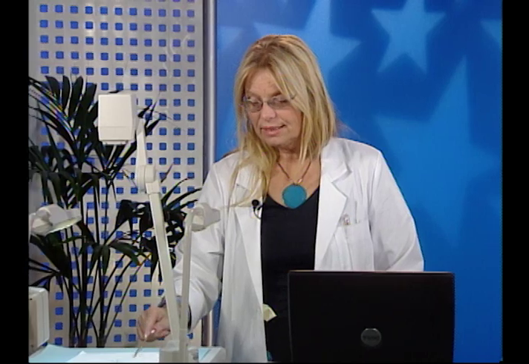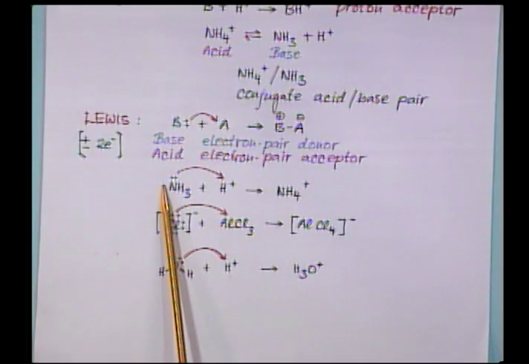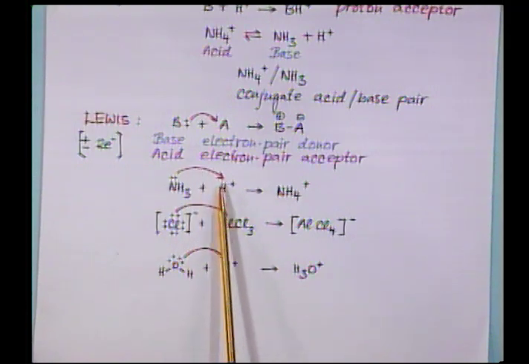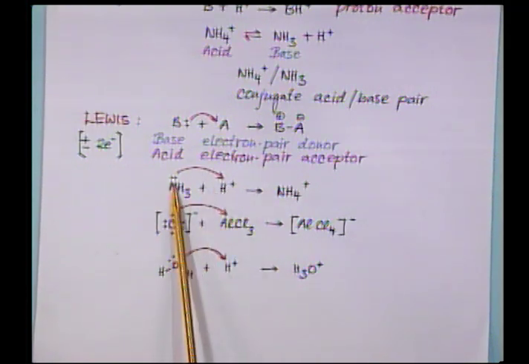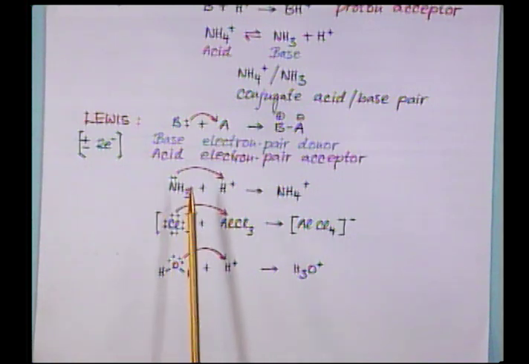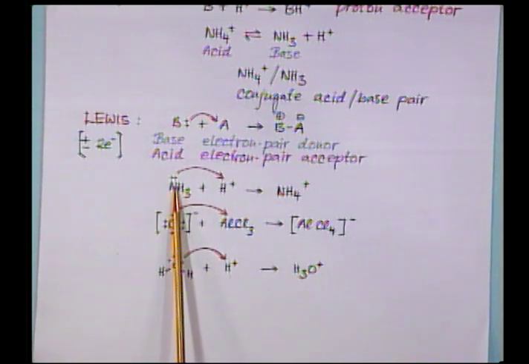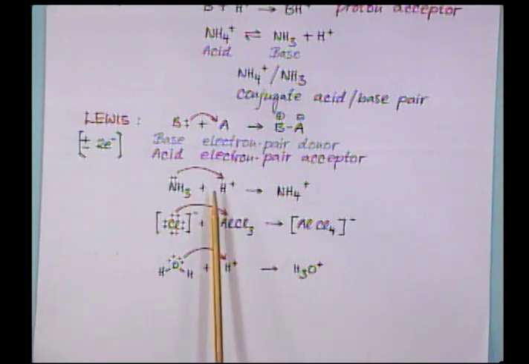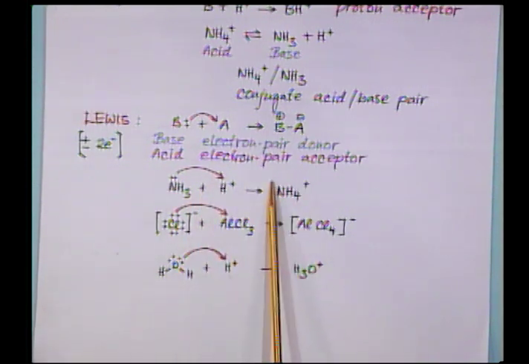So you see here these little equations, like the lone pair on the ammonia is attracted to the proton. So that is then the Lewis base, and the proton is the Lewis acid.